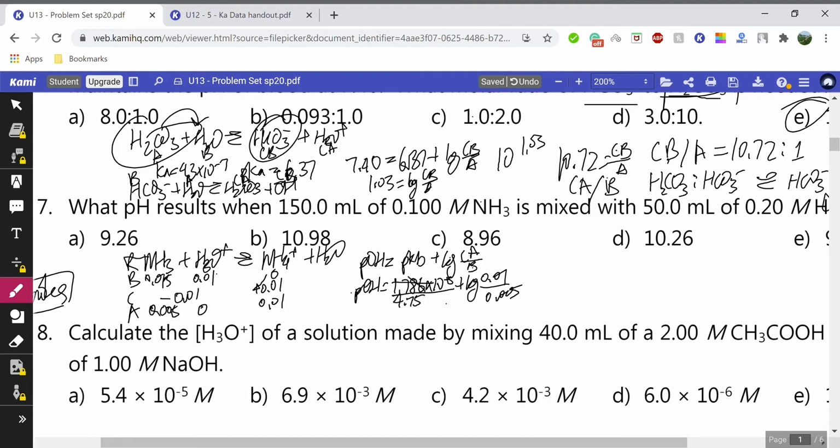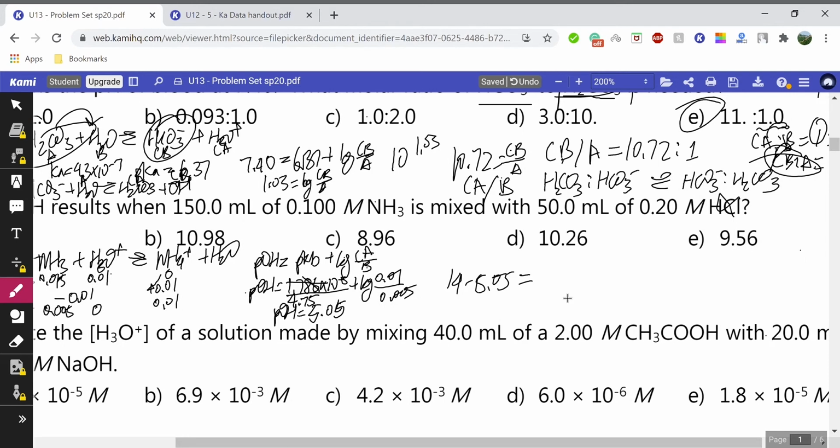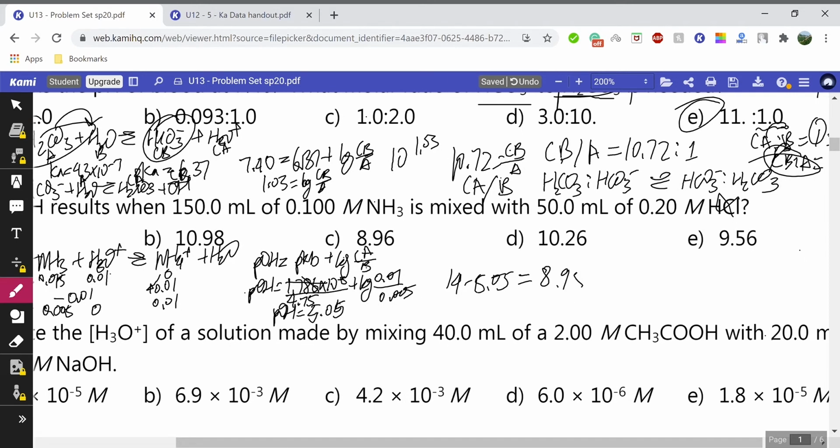Okay, now we add that to the log of 0.01 on top and 0.005 on bottom. And our pOH will be equal to 5.05. So we do 14 minus 5.05 because that is pOH. 14 minus 5.05 will be 8.95. And that is the closest to our answer, C, of 8.96.